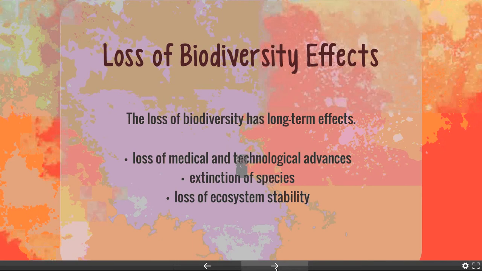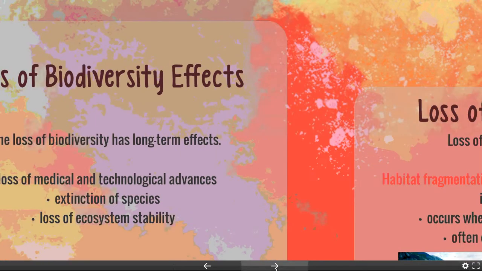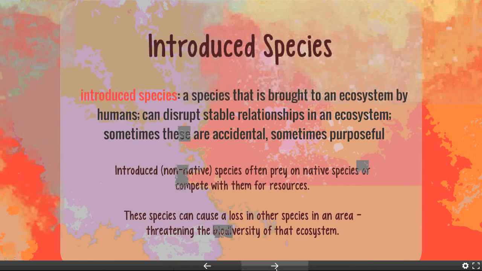All right, remember when we talked about biodiversity? That's the variety of living organisms in an environment. When biodiversity is lost, it can have long-term effects: loss of medical and technological advances, extinction of species, and loss of ecosystem stability. An introduced species is a species that is brought to an ecosystem by humans, so it can disrupt stable relationships in an ecosystem.